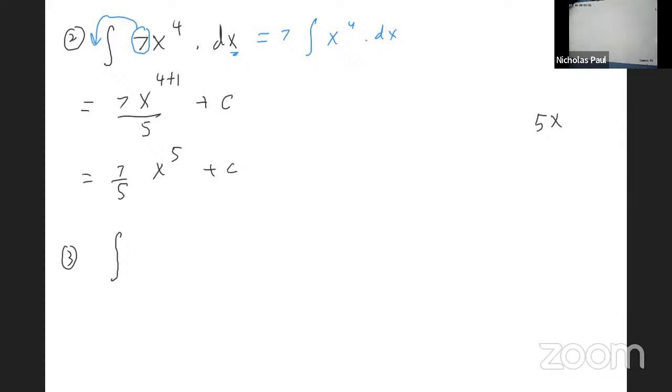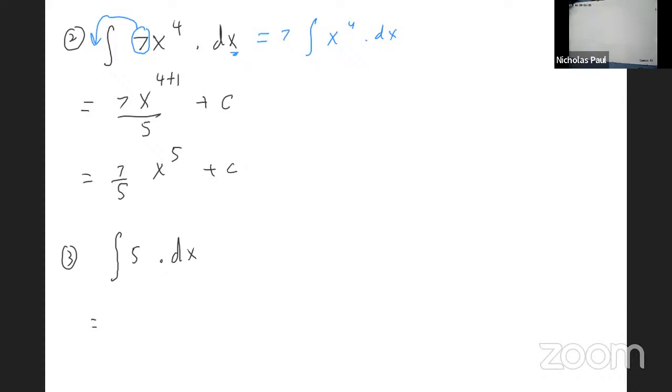So here's my question. What's the integral of 5? What do you think is the integral of 5? Anybody? Online? Anybody?